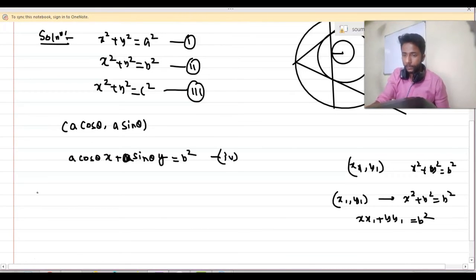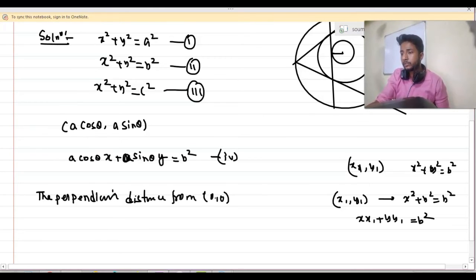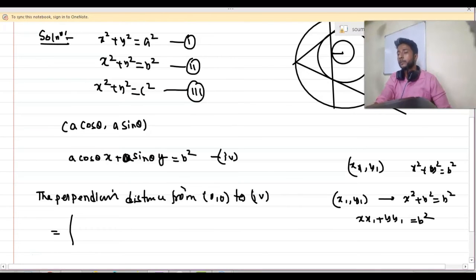Then the perpendicular distance from origin 0 0 to 4 is equal to, so how to find the perpendicular distance? From this we have to put the value of x here, put the value of y here, and take b square on the left hand side.